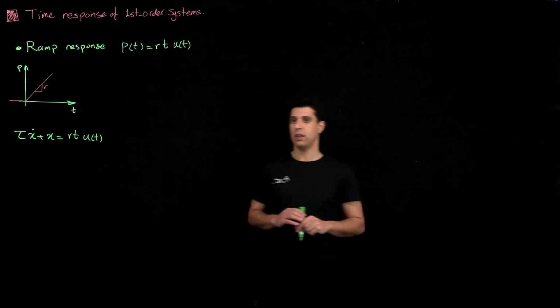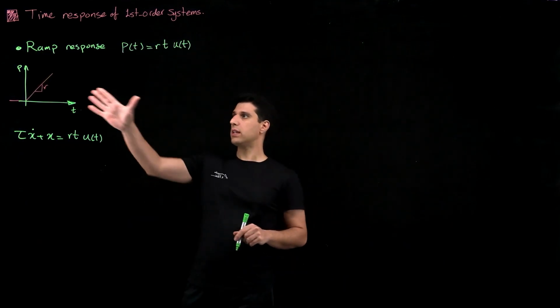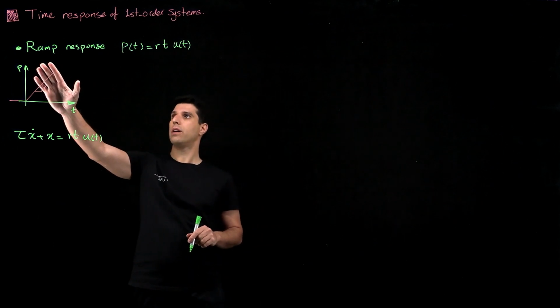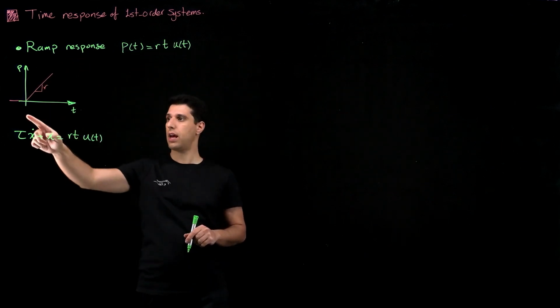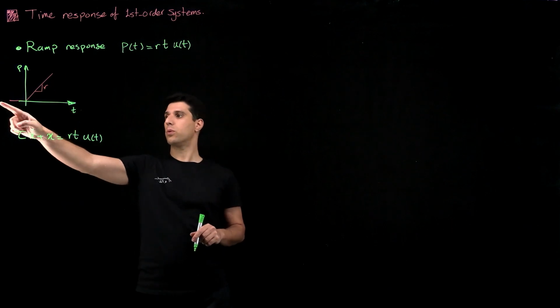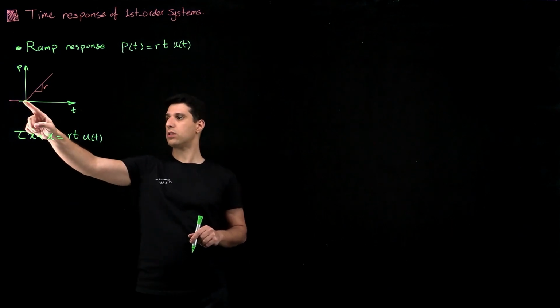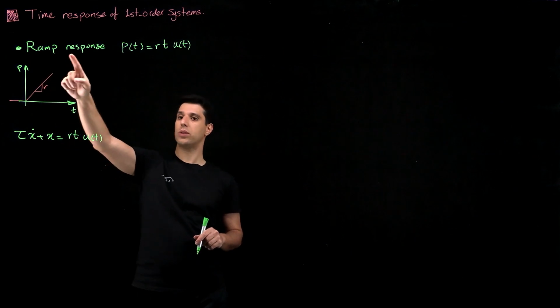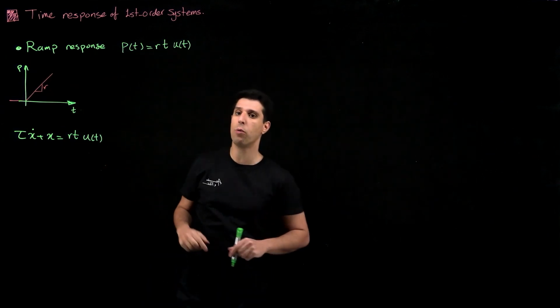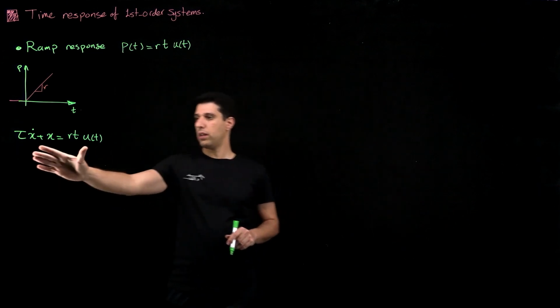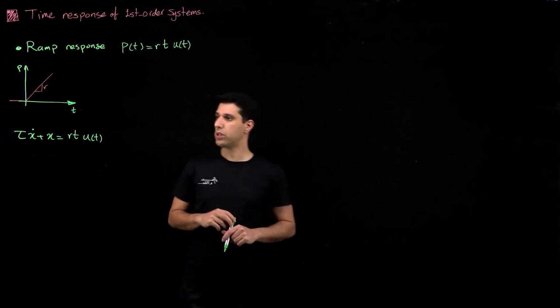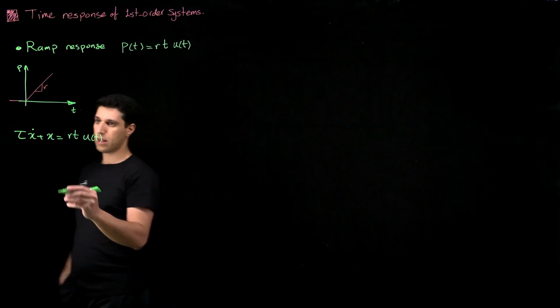Okay, so let's look at another example of this first order system when the input is a ramp function. So the input is assumed to be 0 and then increases with some slope r with time. Writing the first order differential equation again here, we can take the Laplace transform.